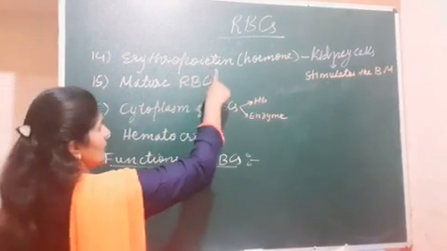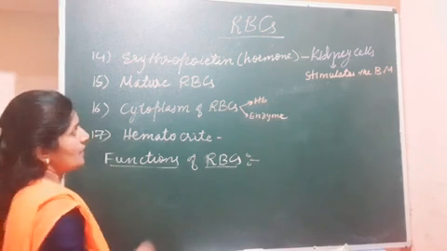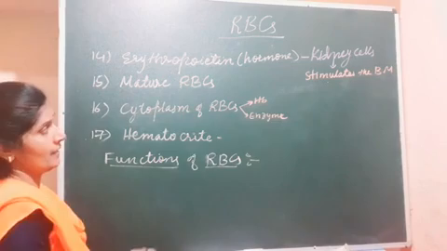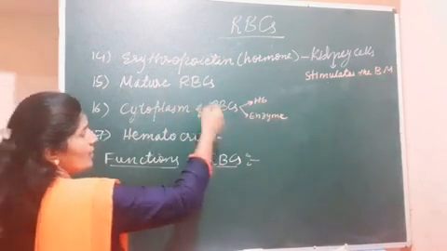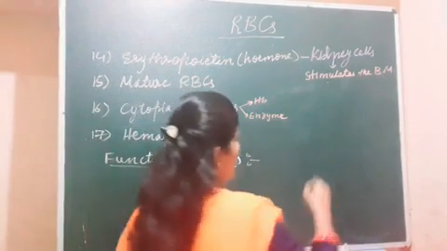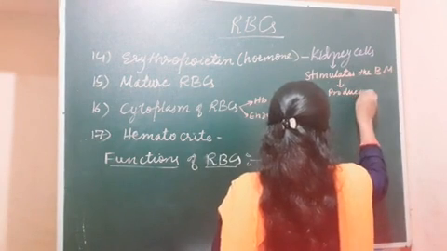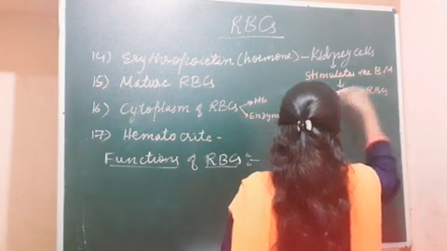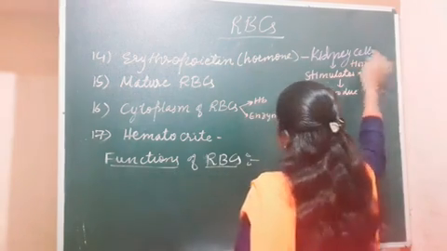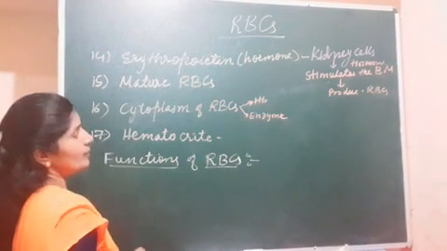So if erythropoietin is not there, then there is no production of RBCs. The kidney cells produce the erythropoietin hormone, and that hormone stimulates the bone marrow to produce RBCs. Kidney cells produce what? Hormones. Which hormone? Erythropoietin. Erythropoietin is a hormone.